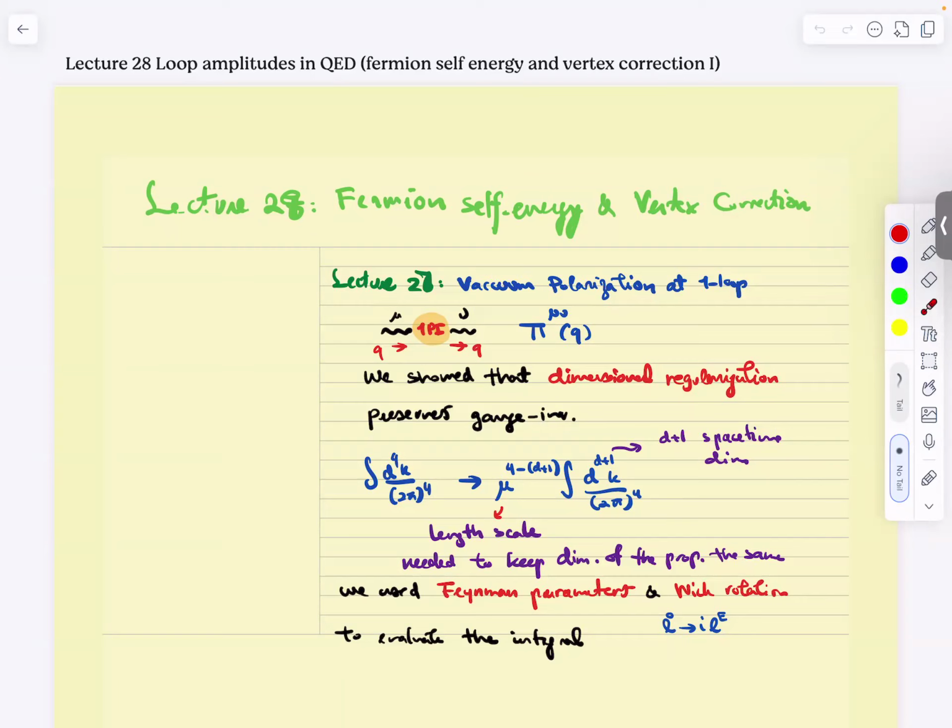There are divergences that appear, but we said the divergences have to do with the fact that the parameters in the Lagrangians are unphysical. The physical observables are going to be the low energy ones that are independent of the cutoff. Right? I think I'll stop here and ask for questions.